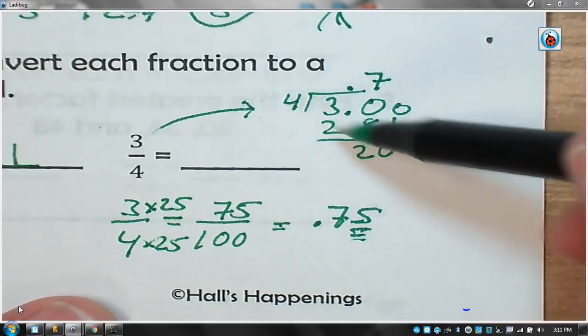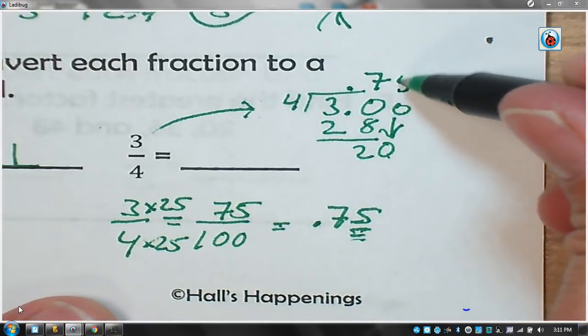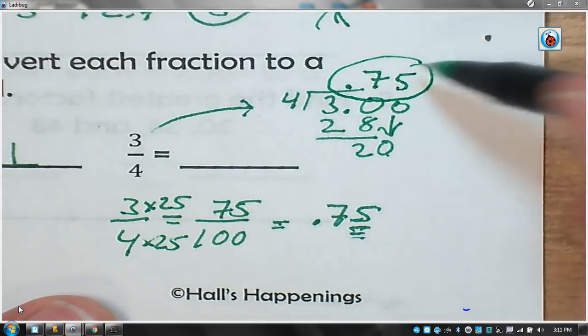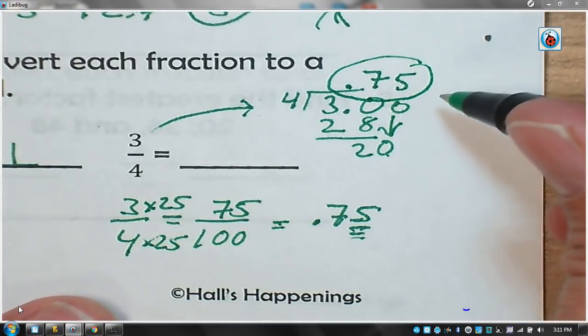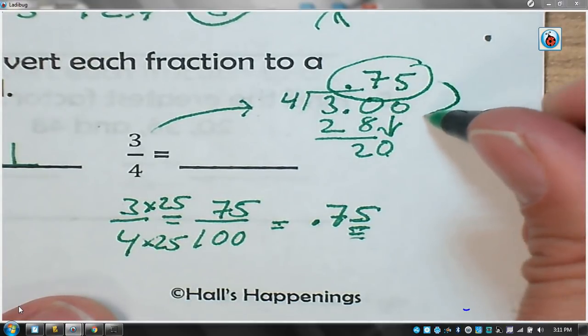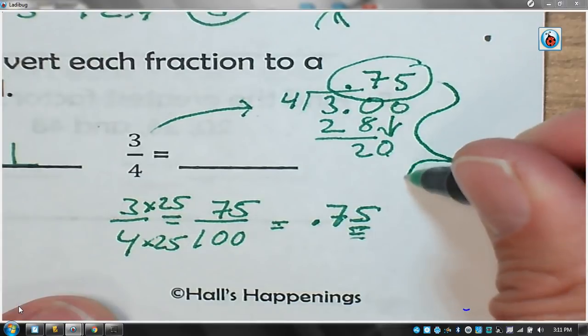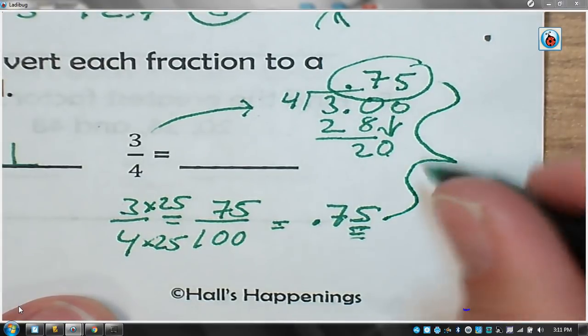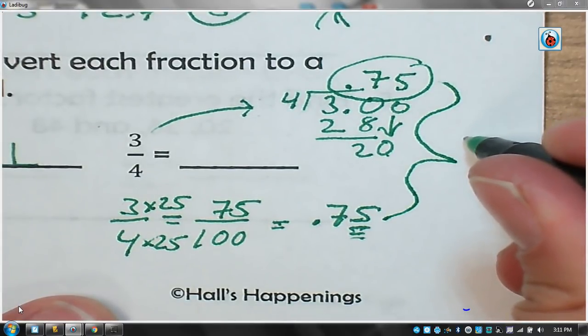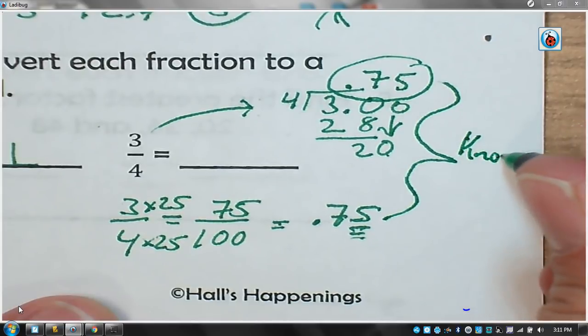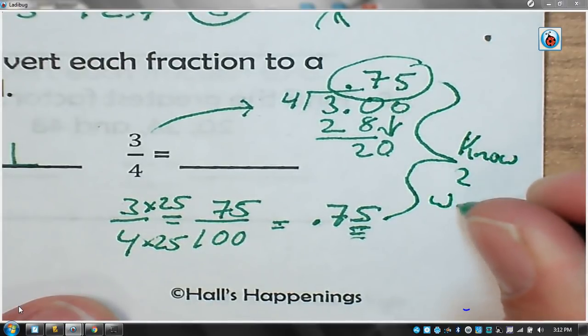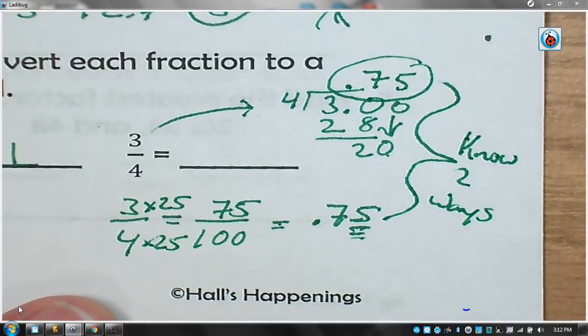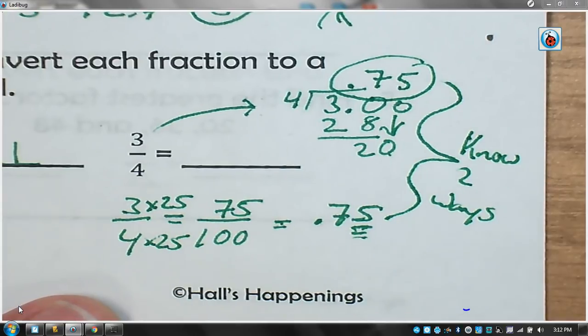And then you have 4 goes into 20. That's 5 times. You get the same thing. So I hope that for the quiz you're prepared for 2 ways of doing this. Because, yeah, you probably should know it. So know 2 ways. Maybe it has to be 3 ways with a model also. Could do that, but let's not go there yet.